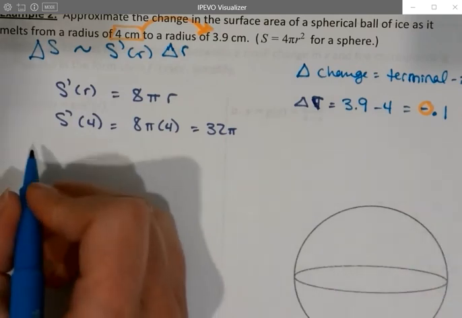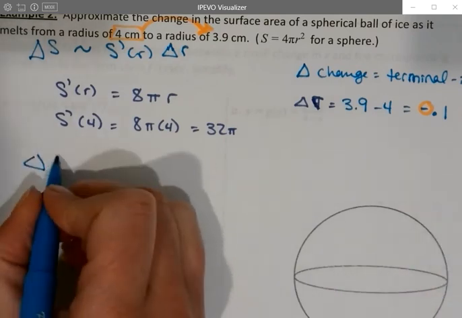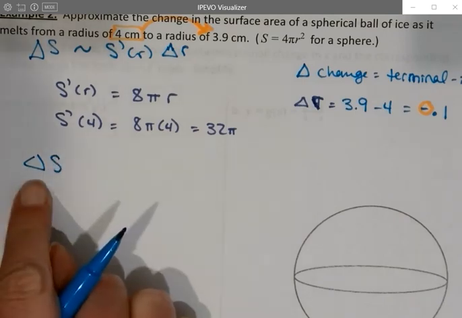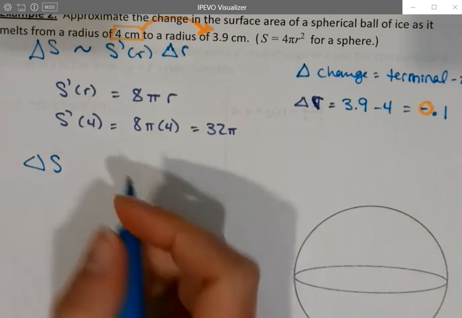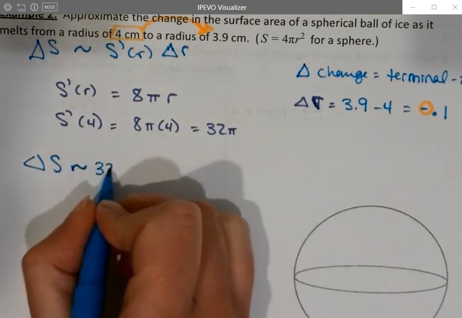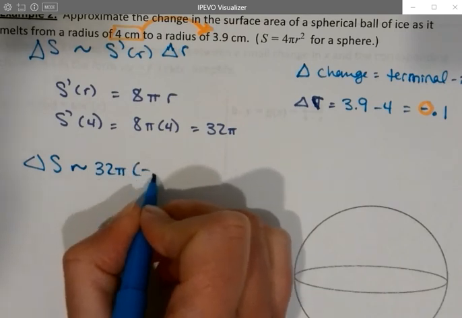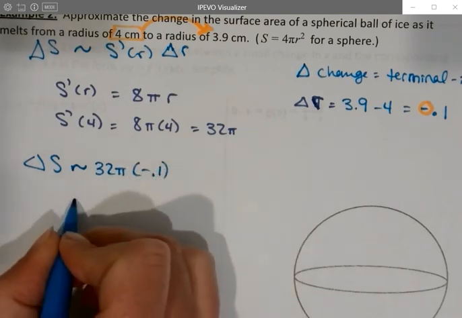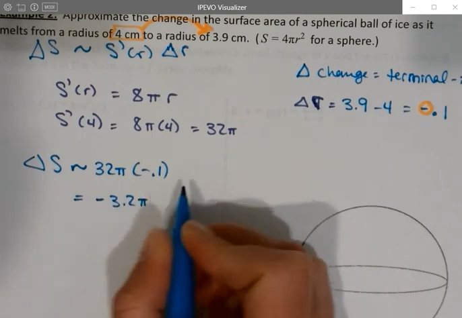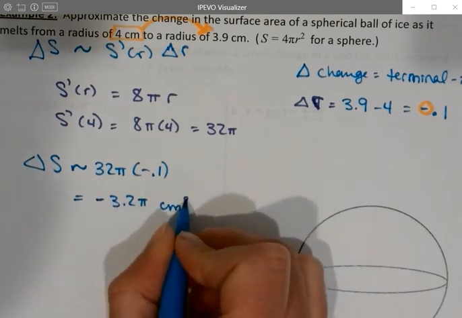Now we can make our estimate that the change in S, again, that delta symbol just means change. We're trying to approximate the change in surface area. It's approximately 32 pi times negative 0.1, so it's approximately negative 3.2 pi cubic centimeters.